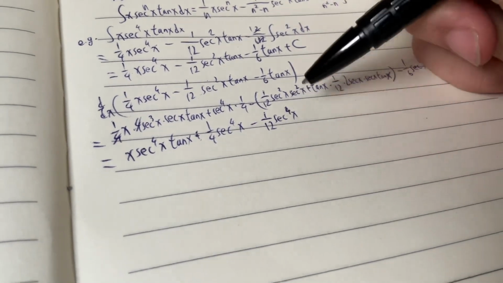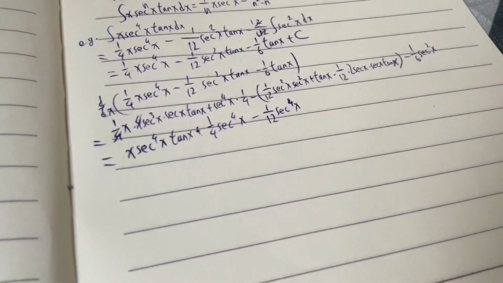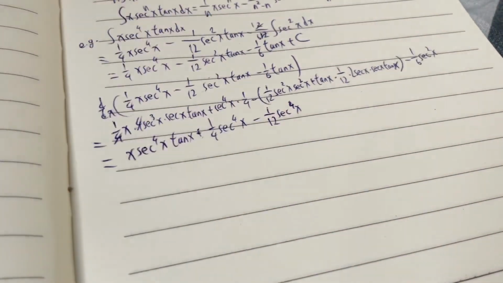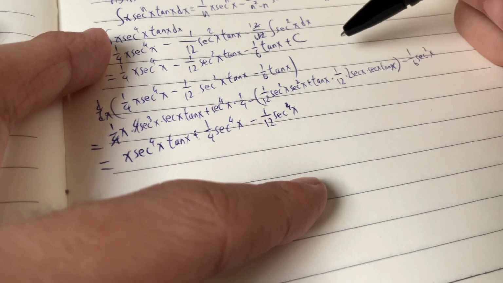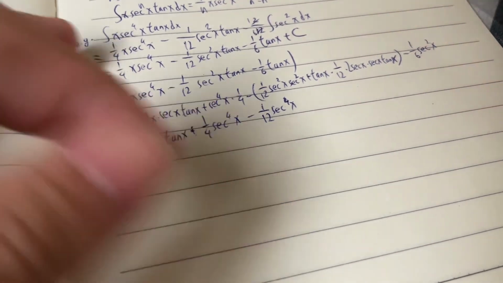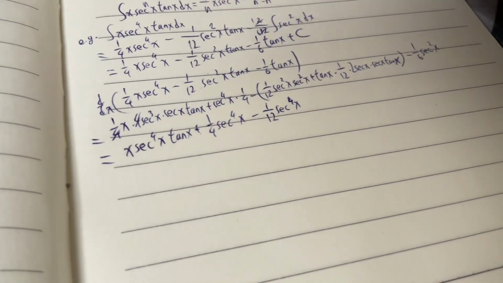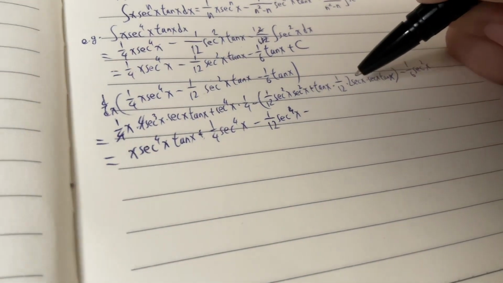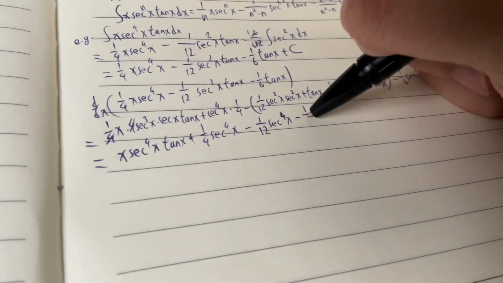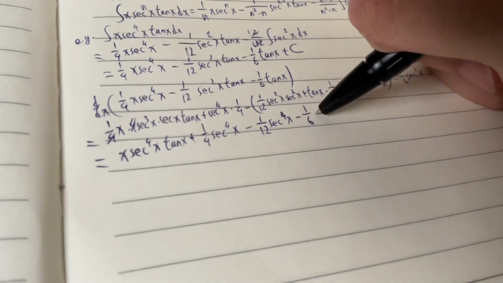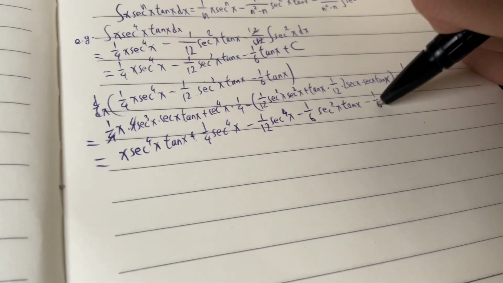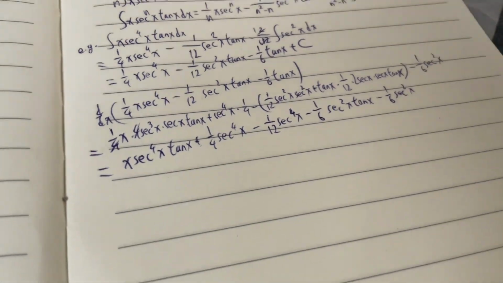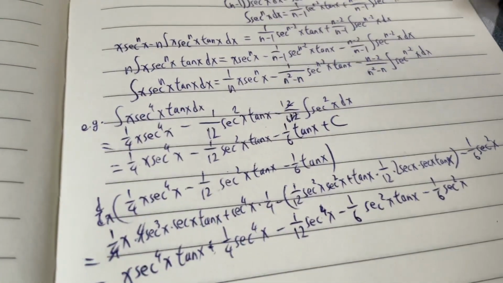It should be secant power 4 because secant square x times secant square x is just secant power 4x. And then distribute the negative, it becomes 1/6 times secant square x tangent x minus 1/6 secant square x. But this is not the same as that.